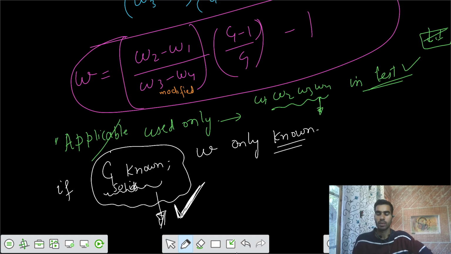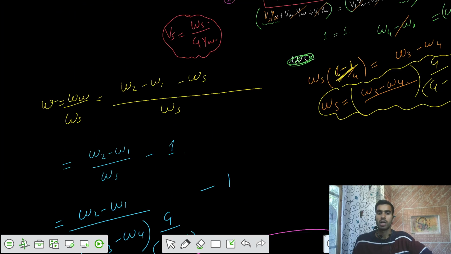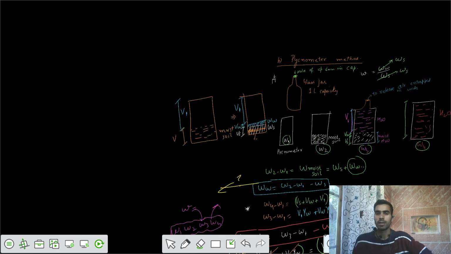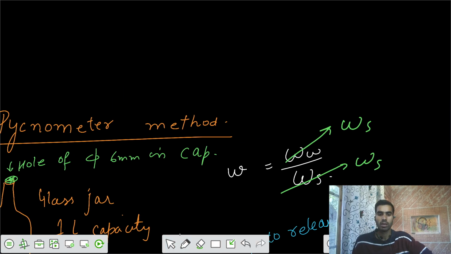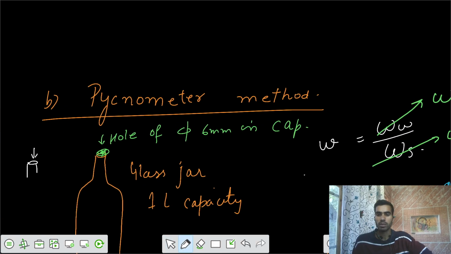Okay, so that means your pycnometer method is suitable for cohesionless soils. So finally we can have the statements that this method, the pycnometer method, is applicable if your G is already known. G should be known to us.